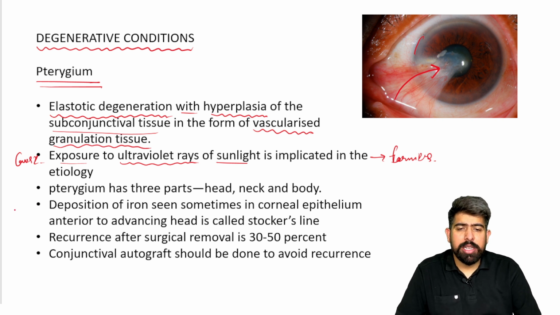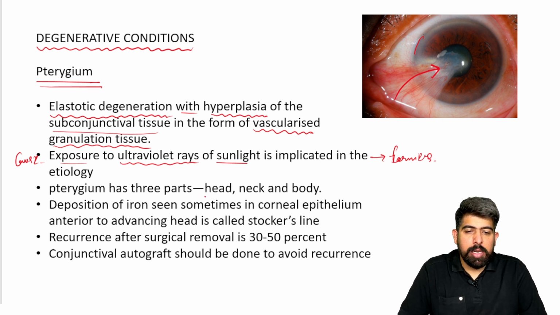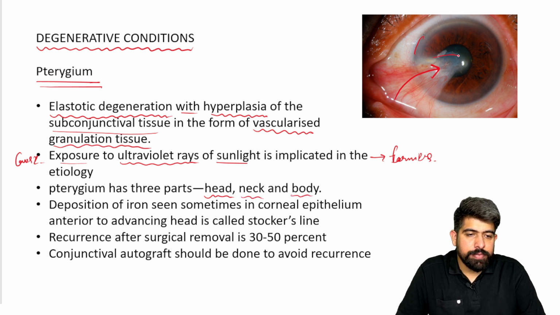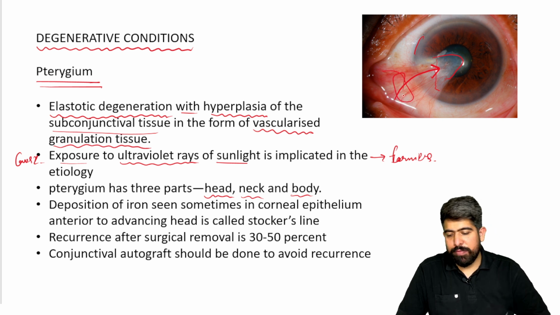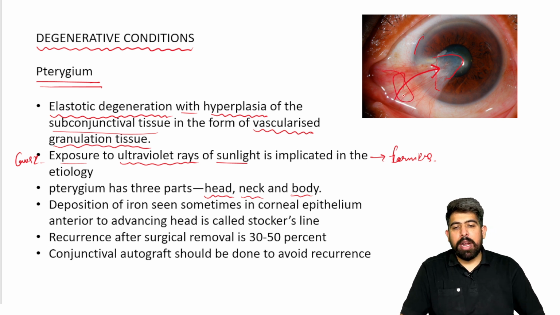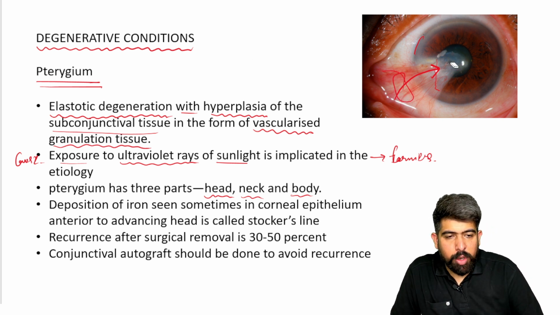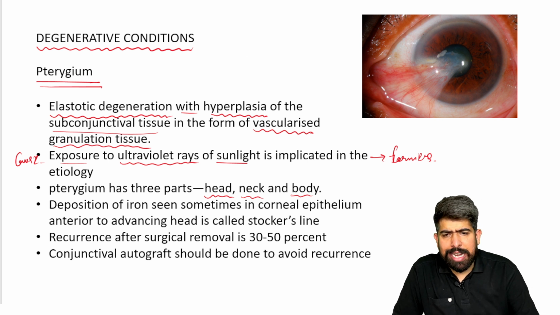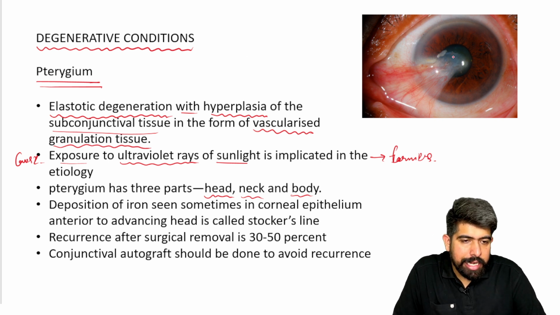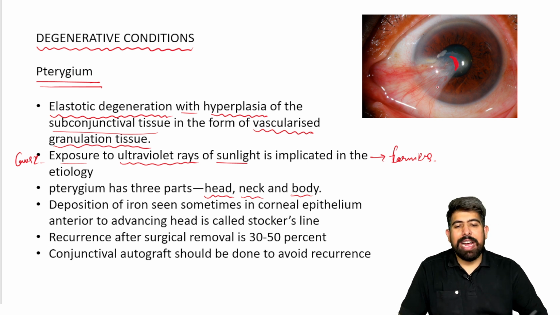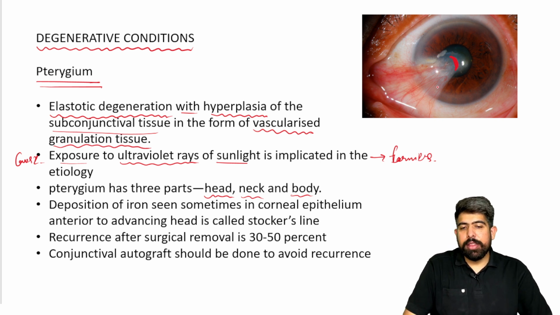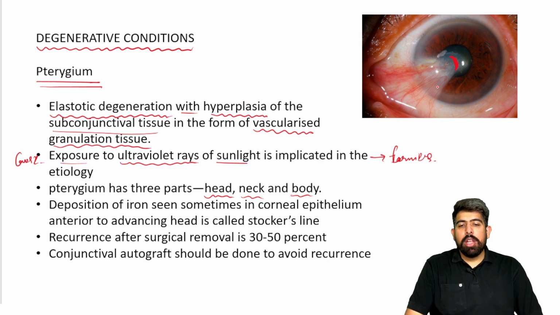Farmers work more in the fields in the sunlight, so they have more exposure. The pterygium has three parts: the head, the neck, and the body. This is the head of the pterygium, this is the neck, and this is the body. Near the head, there can be a deposition of iron in the corneal epithelium.